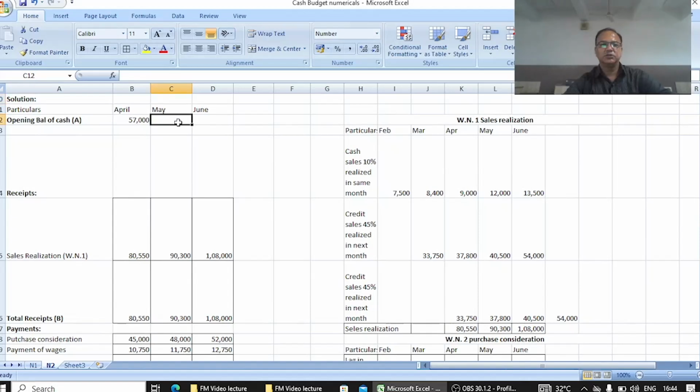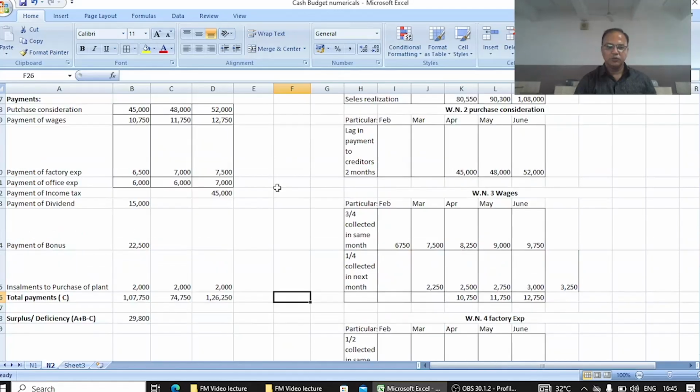Now 29,800 is opening balance for month of May. 29,800 plus 90,300 is 120,100 minus 74,750 is equal to 45,350.